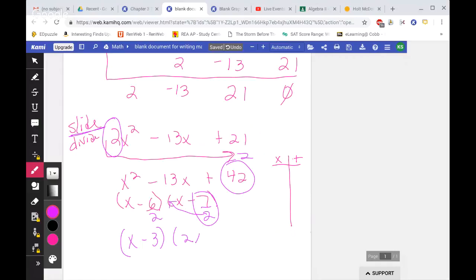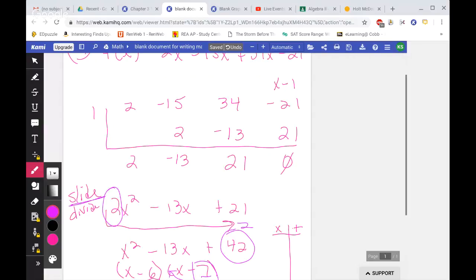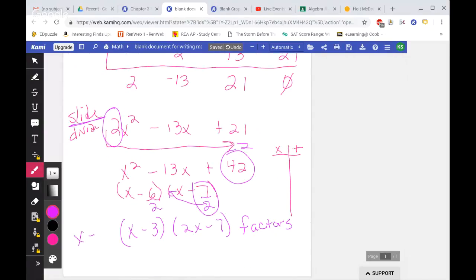So that becomes 2x minus 7. So the answer here is going to be x minus 1, x minus 3, and 2x minus 7. Those are factors. In number 29, 31, and 33, you're looking for zeros. So you actually could have left this fraction the way it was.